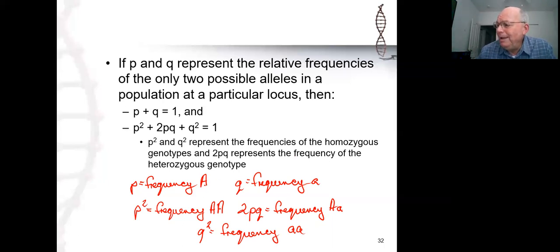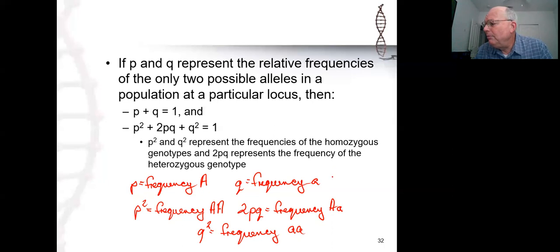So big A is the allele for the dominant trait, and P is the frequency of that allele in the population. Q represents the frequency of the allele for the recessive trait in the population. P squared is the individuals who are homozygous dominant. 2PQ are the individuals that are heterozygous. Q squared are the individuals who are homozygous recessive.